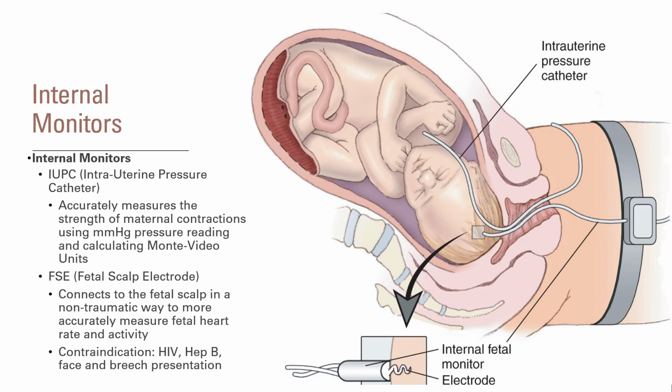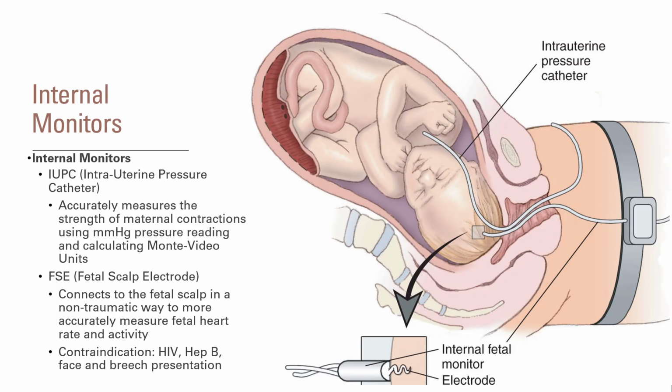It is an intrauterine pressure catheter, and this is where we accurately measure the strength of the maternal contractions in millimeters of mercury, measured in Montevideo units. You don't have to know or calculate Montevideo units, but you do have to know that we monitor contractions and count the strength of the contractions and so forth.